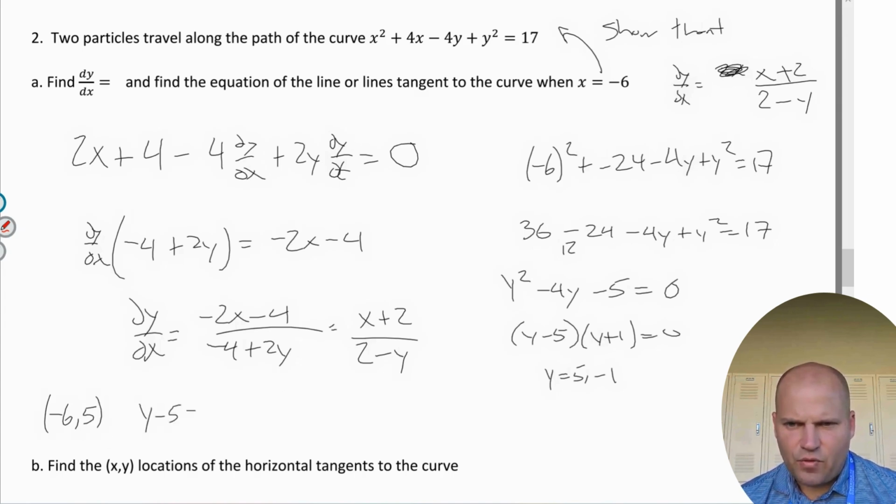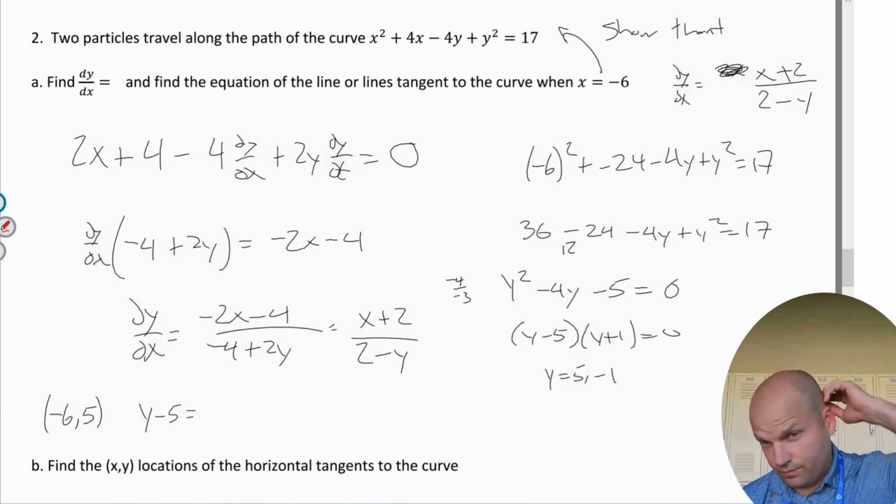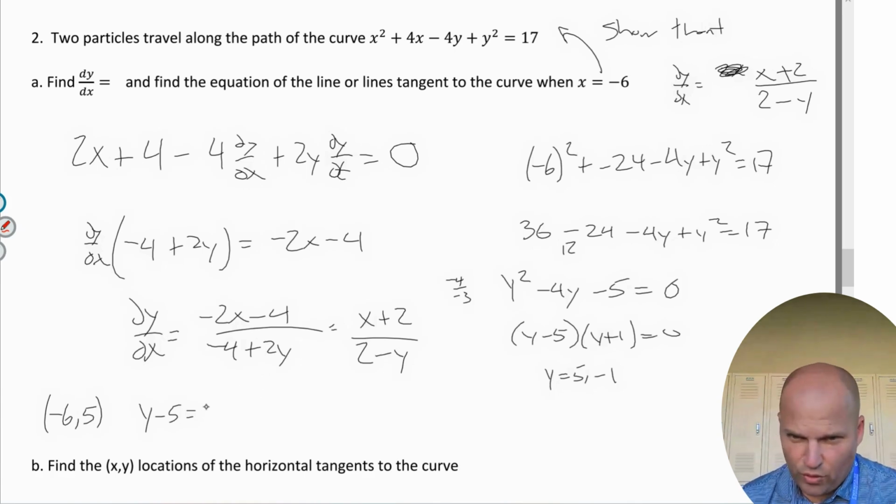So I'll have y minus 5 equals, if I plug in negative 6, 5, I'll get negative 6 plus 2, which is negative 4. I'll get 2 minus 5, which is negative 3. So that's 4/3 x plus 6.